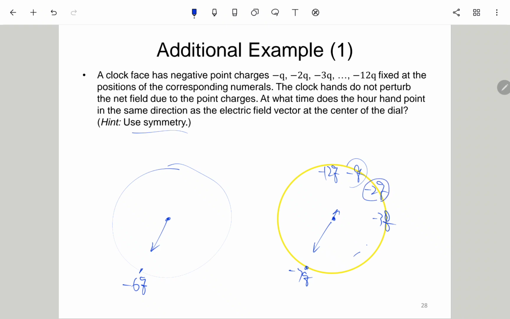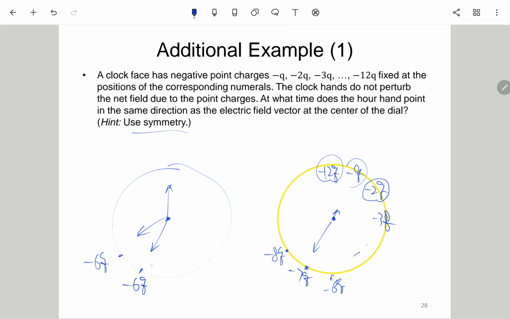Similarly, if we have negative 2Q and negative 8Q, a similar thing will happen, so it remains negative 6Q at the 8 o'clock position. So on and so forth, all the way up to negative 12Q and negative 6Q.